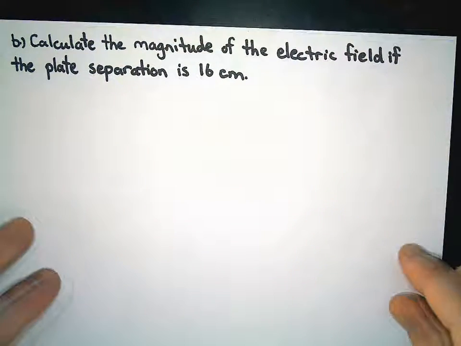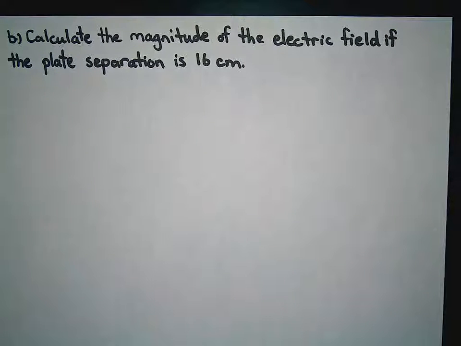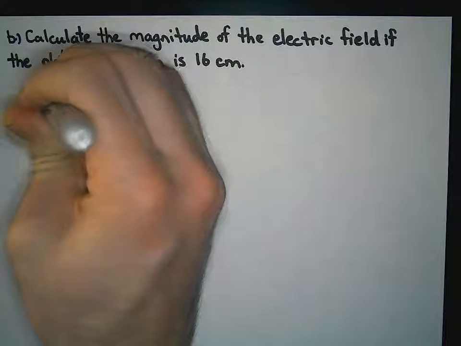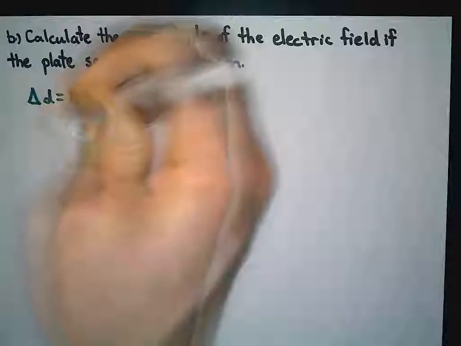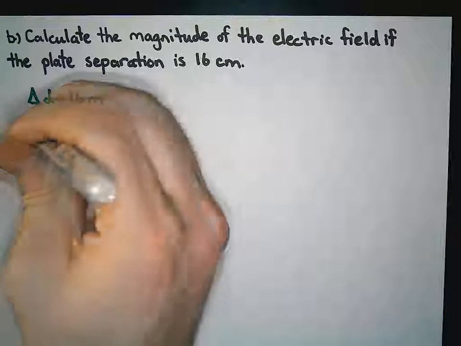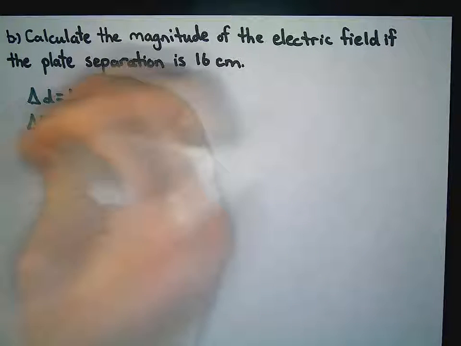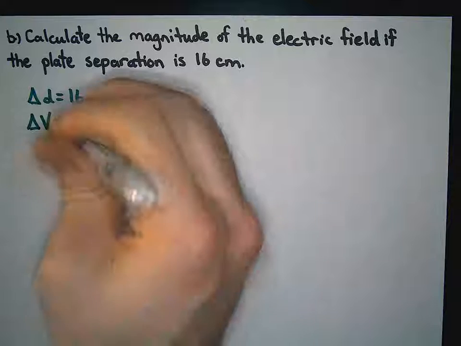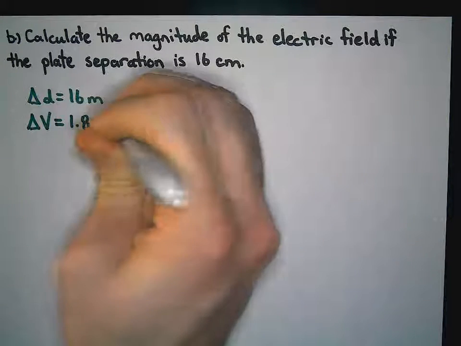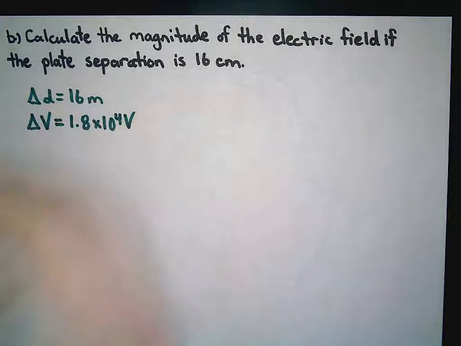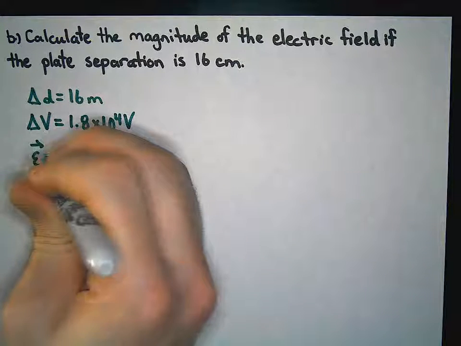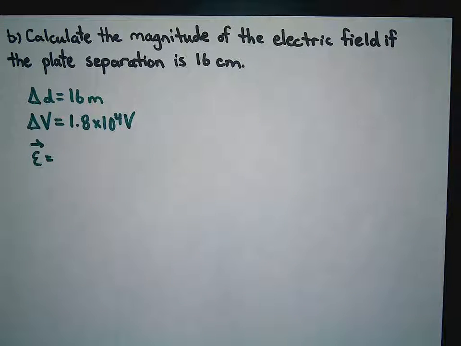Part B, we're looking to calculate the magnitude of the electric field if we have a separation between the plates of 16 centimeters. So that separation, 0.16 meters, we still have that same potential difference of 1.8 times 10 to the 4th volts. We're going to calculate the magnitude of that electric field.